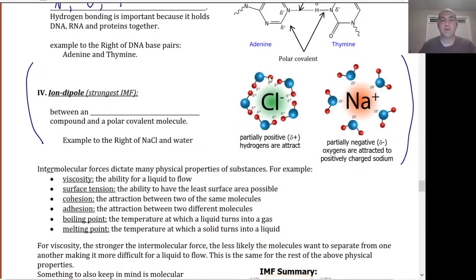With water molecules, in this example, this is how sodium chloride dissolves in water. The sodium and the chloride are broken apart, and water molecules surround each. The positive part of the water molecules, the hydrogen, would point toward the chloride, and the partially negative part, the oxygen, would point toward the sodium.